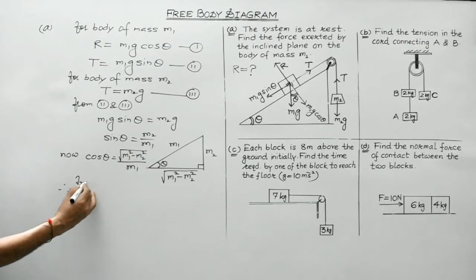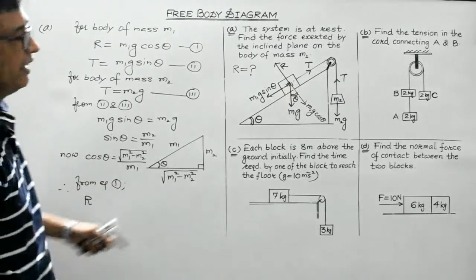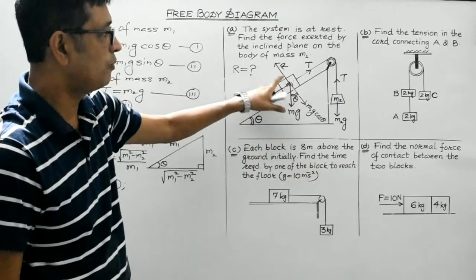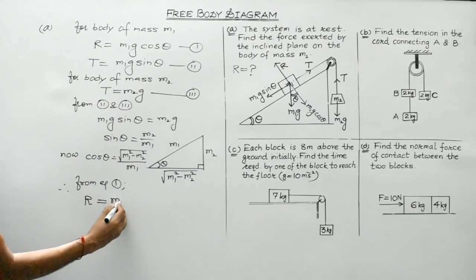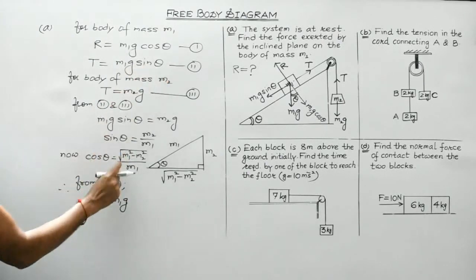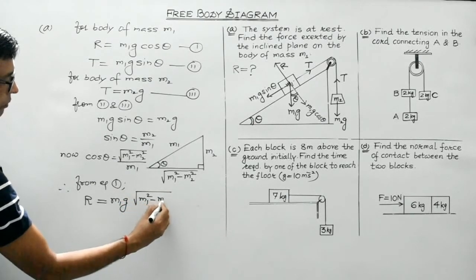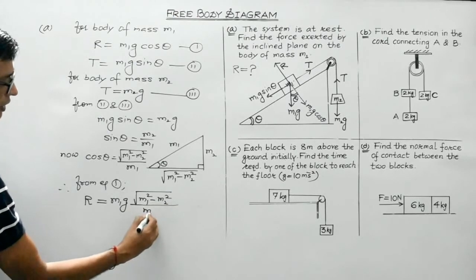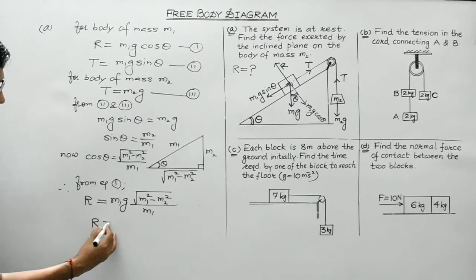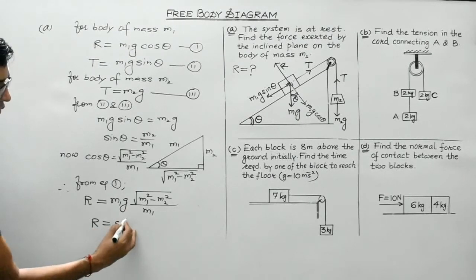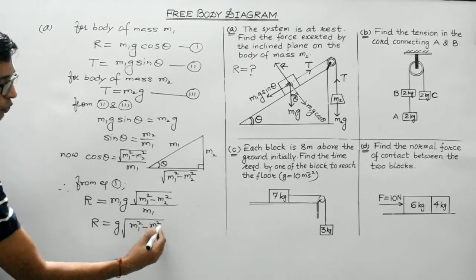Therefore, from equation 1, the force exerted by the inclined plane on the body of mass m1, which is the normal reaction, is given by m1g cos theta. Cos theta may be written as square root of m1 square minus m2 square divided by m1. So m1 gets cancelled. So we are left with R is equal to g times the square root of m1 square minus m2 square.